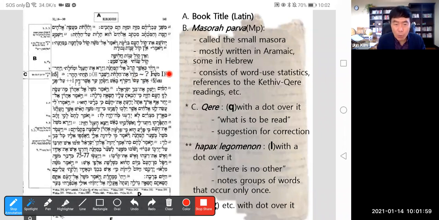So this word is mi yadav, but according to the suggestion of the Masoretic scholars, that is a mistake. Their suggestion is not mi yadav but mi yadayv. So they insert a yod between the last vav and dalet.